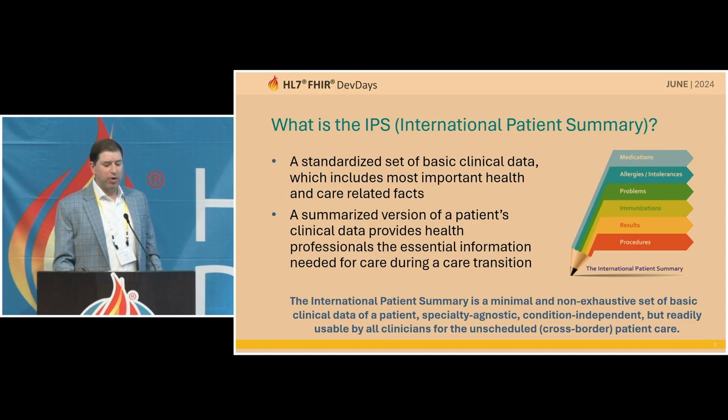It's not a data dump, rather just the essential information you need for continuity of care. It's also not crafted for a specific condition or medical specialty. It's meant to be an agnostic and non-exhaustive summary, but one that maintains its clinical utility.